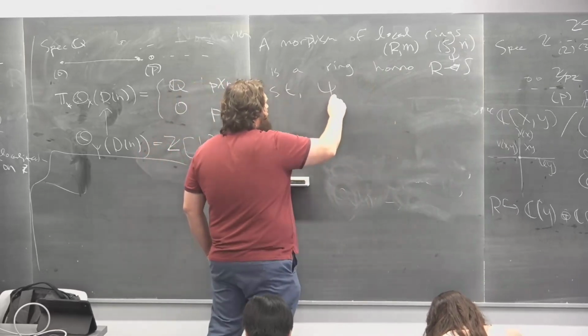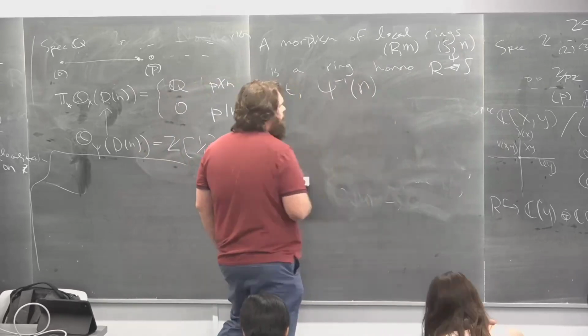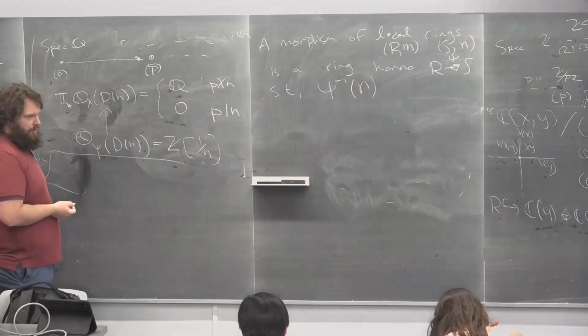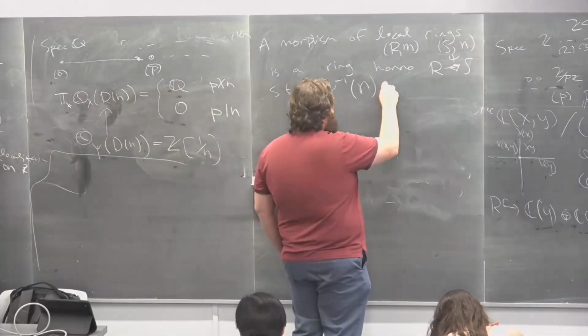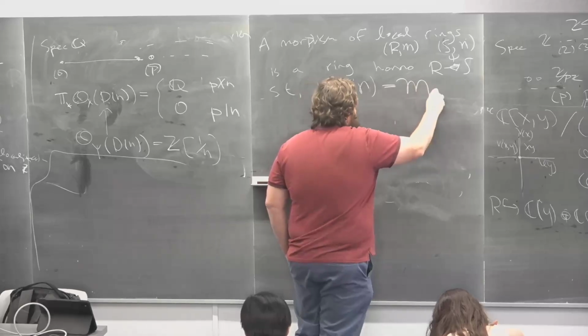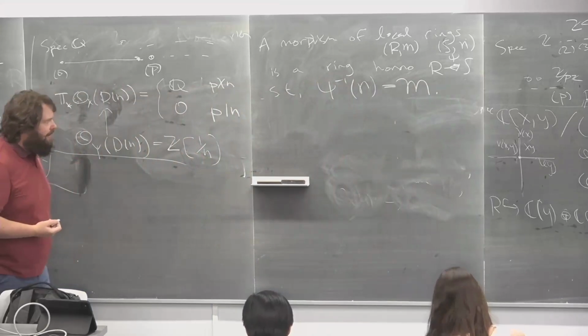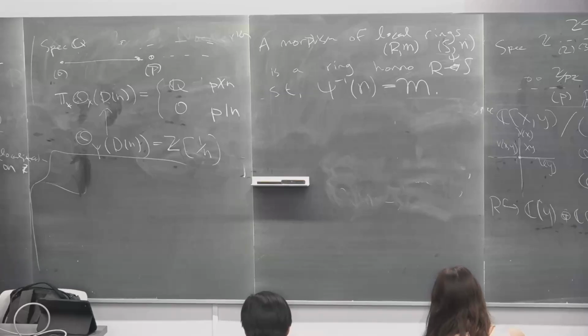such that, well, if I take the pre-image of N, that's going to be a prime ideal. The pre-image of a prime ideal is always prime, but the pre-image of a maximal ideal isn't necessarily maximal. So I'm adding an extra condition that the pre-image of this N isn't some smaller prime ideal, it's the maximal ideal.